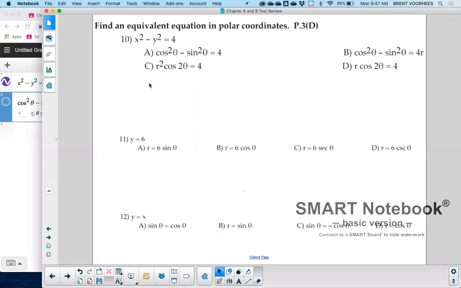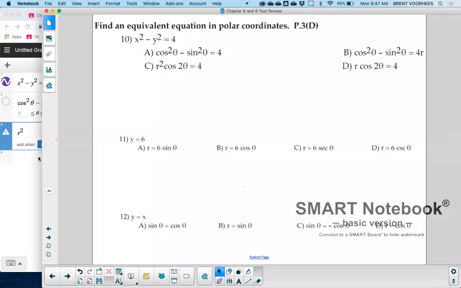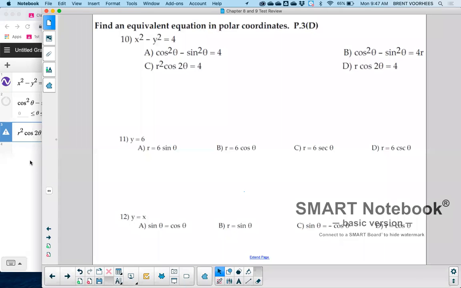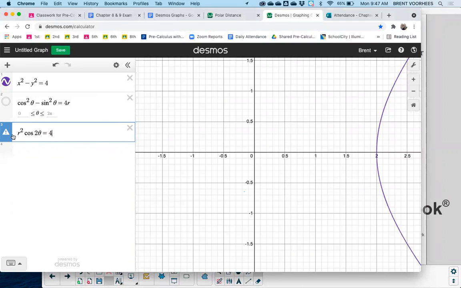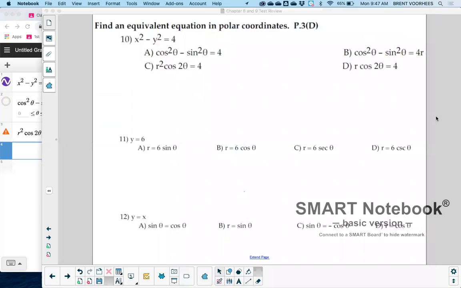Let's try C. R squared cosine 2 theta equals 4. All right, this one's saying must solve in terms of R. Let me try D first just to see if that's it.